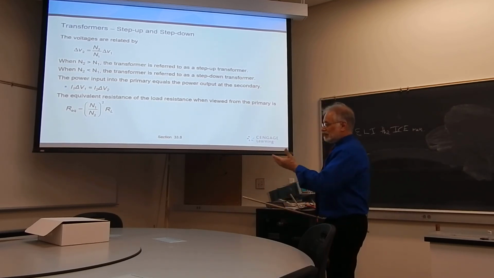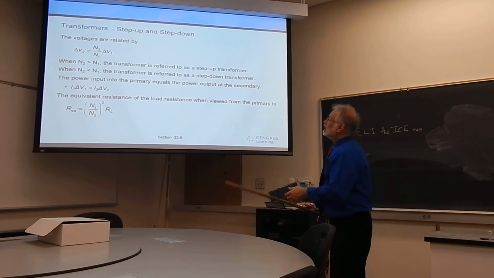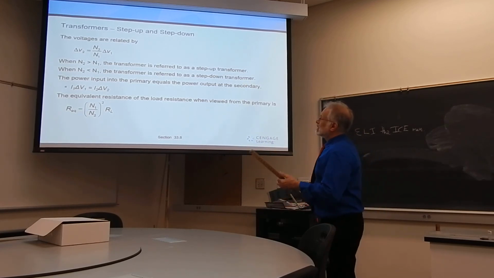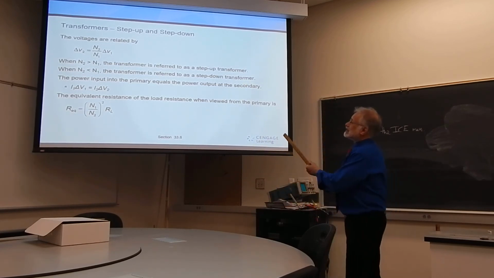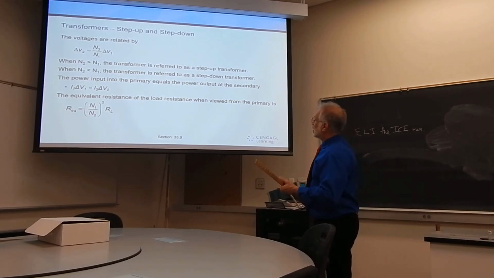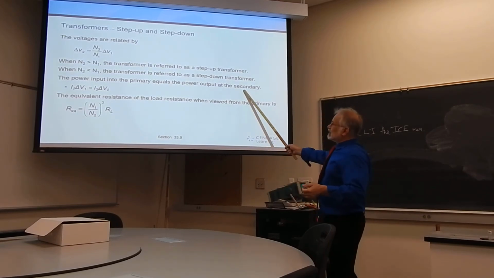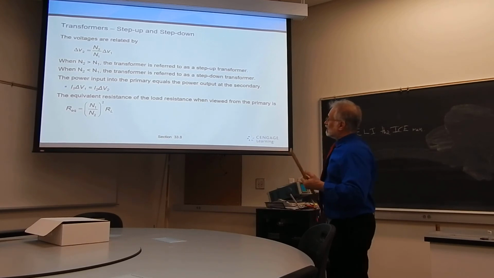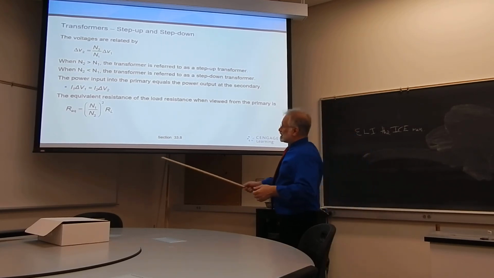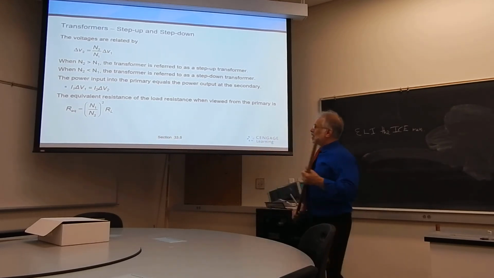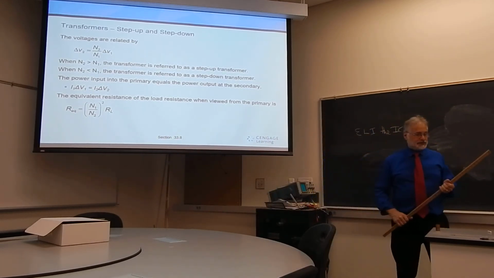That means you're going to have more voltage coming out than going in. And the reverse is the case if the number of turns in the secondary is less than the number of turns in the primary. Ultimately, the power in the primary equals the power in the secondary, and so we see this ratio applies very well.